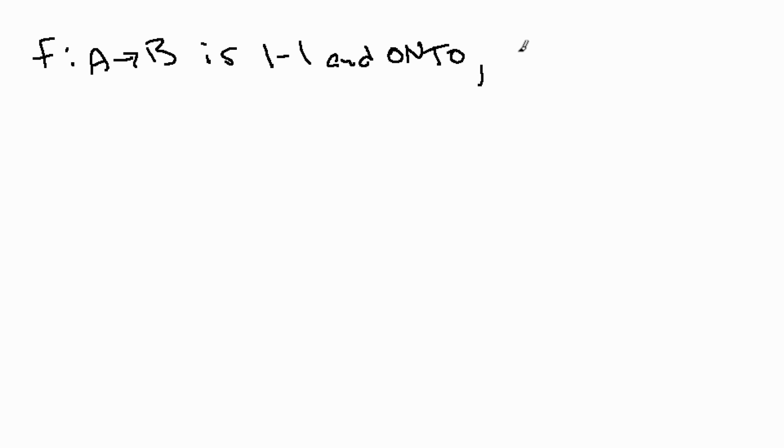Finally, and we'll leave this as an exercise, but consider the following. Suppose f that maps A to B is one-to-one and onto, and g that maps B to C is one-to-one and onto.